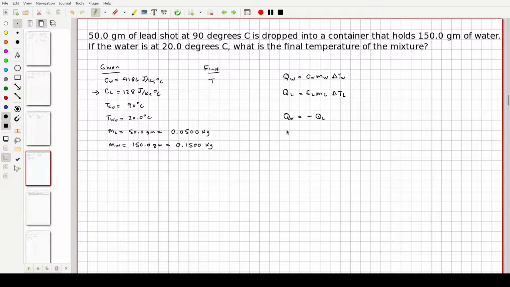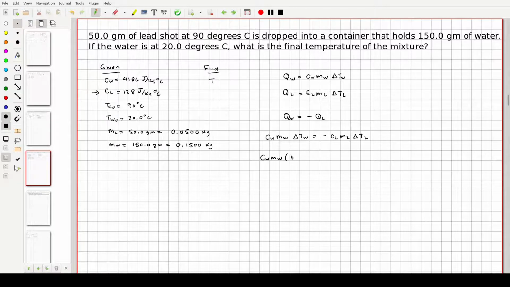So C sub W, M sub W, delta T sub W is equal to minus C sub L, M sub L, delta T sub L.